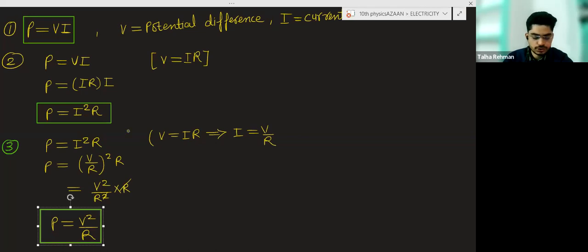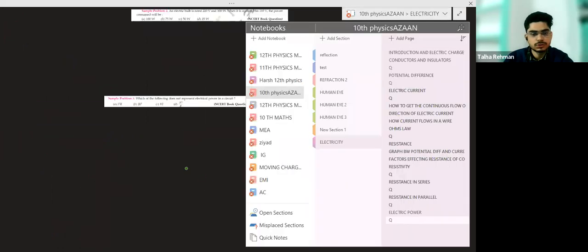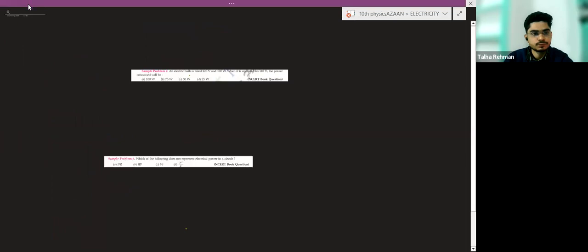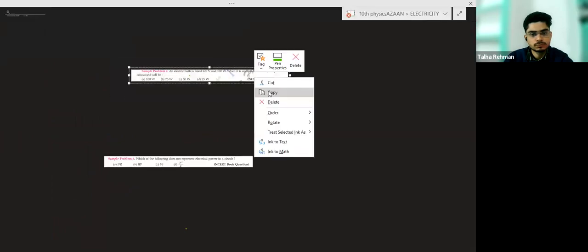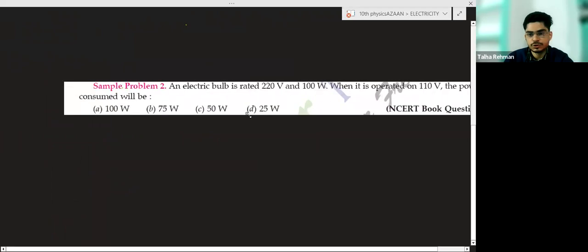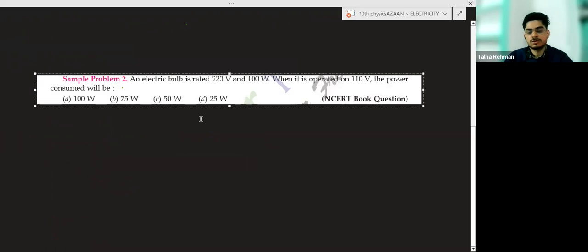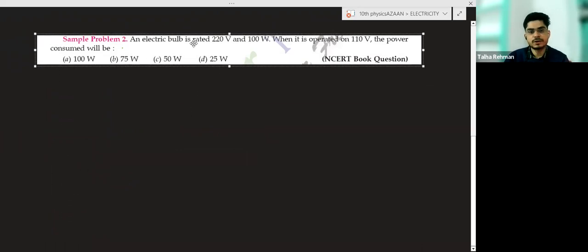Now we will solve one question. The question is from NCERT. They are saying an electric bulb is rated 220 volt and 100 watt.